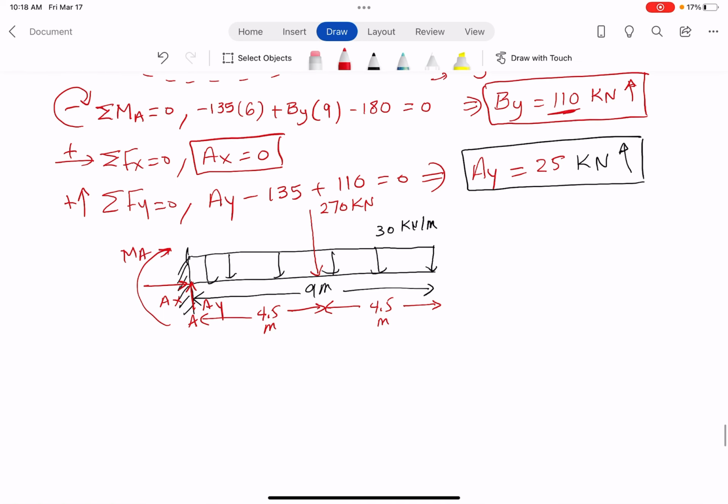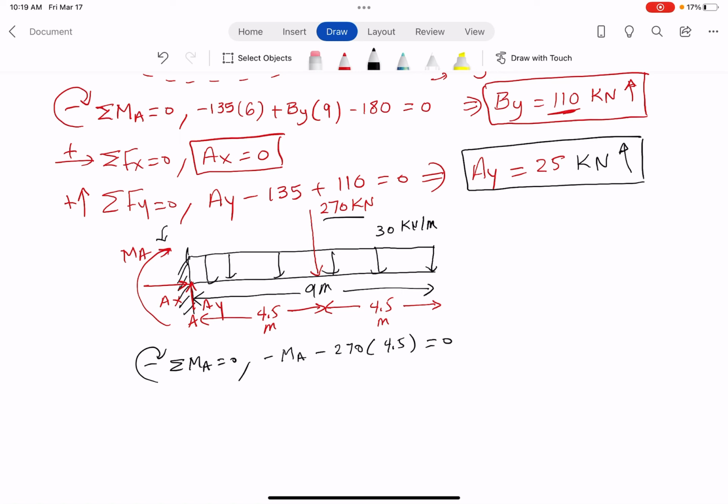The first thing we do is to take moment at the location where there are a lot of unknowns. So summation of moment at A equal to 0. This is the assumption. So this will give you this moment that you have to include. Moment A, and that is negative moment A because you can see it's clockwise. And this force will also produce a moment, also clockwise, minus 270 times 4.5 equal to 0.